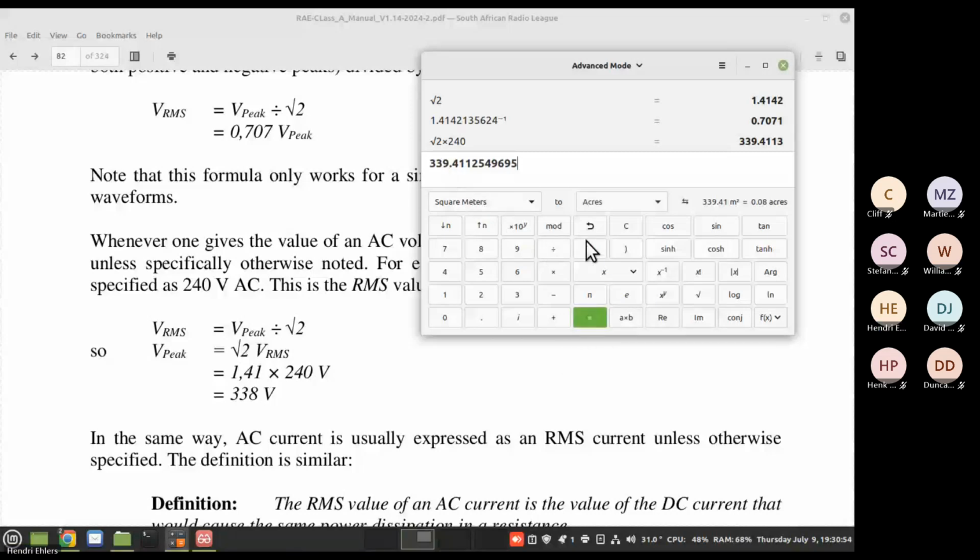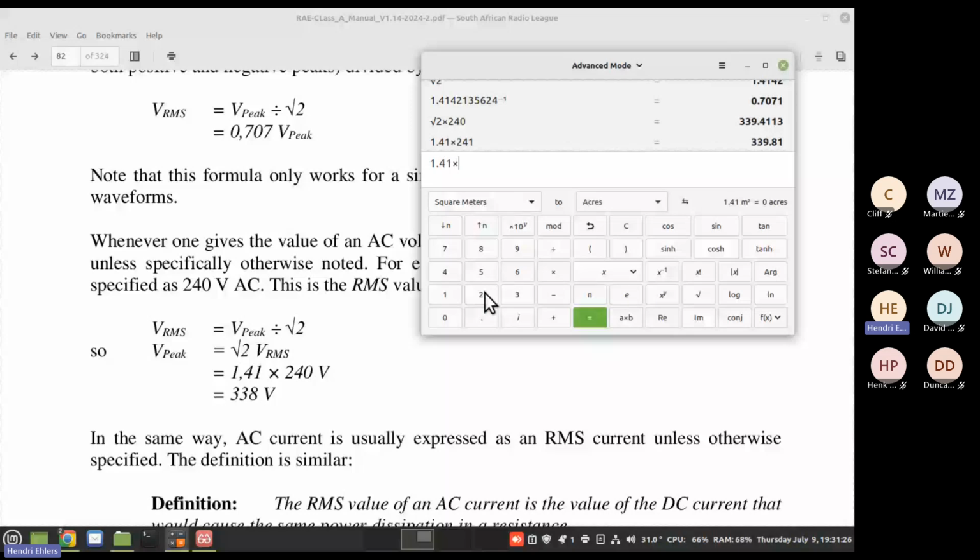Close enough, but let's just see if we can get closer. Let's say 1.41 like they used times 240 equals. Yes, I would have made it 340, but I guess it's close enough. Just want to do it again for good measure.